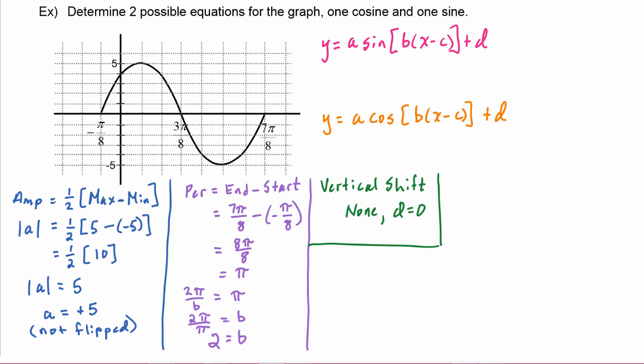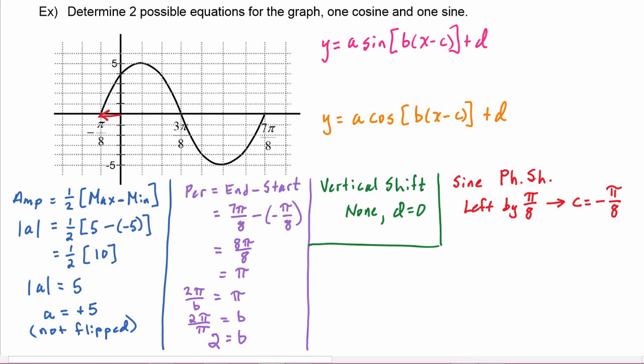If this is a sine graph, then we know that a sine graph, normally what is happening at the y-axis is that the root should be there. So for the sine graph, the phase shift is going to be left by pi over 8.